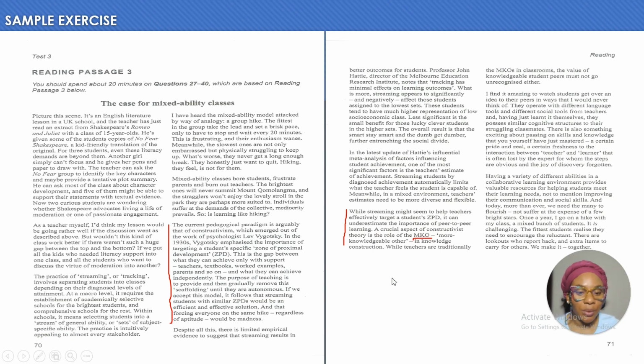Okay. Now, I hope you remember the question. It says that some teachers are uncertain about using MKO. While streaming might seem to help teachers effectively target a student's ZPD, it can underestimate the importance of peer-to-peer learning. That's students teaching each other.